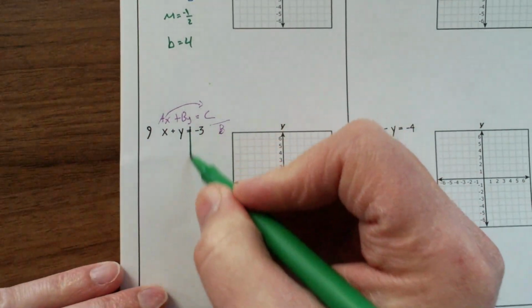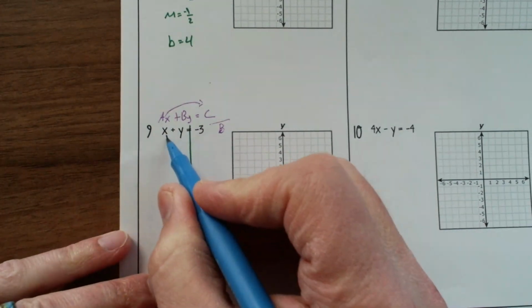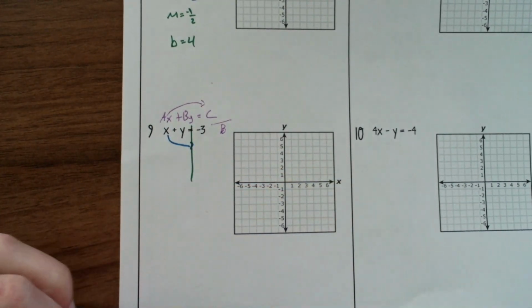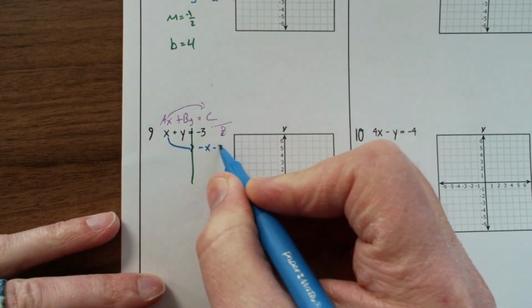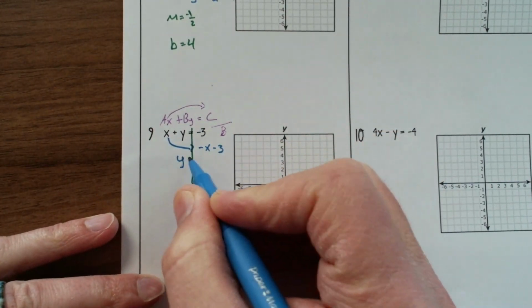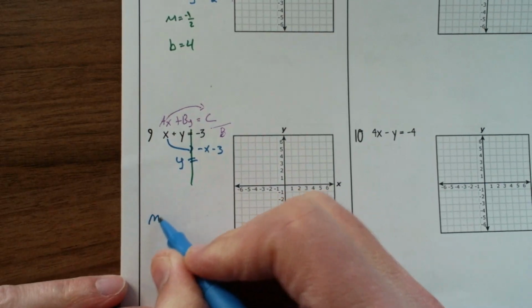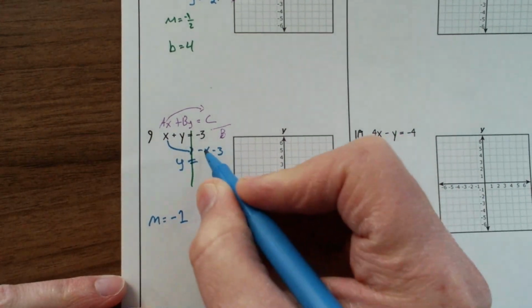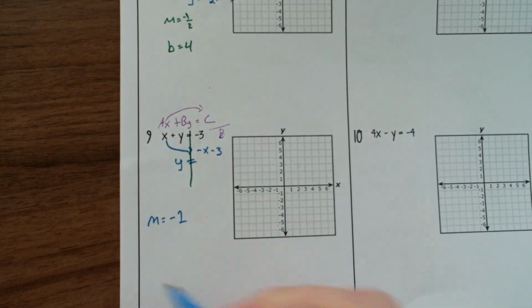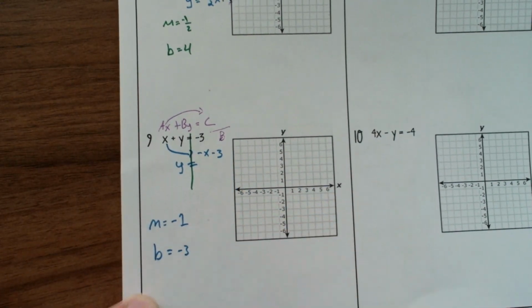My first step is to move the x over. This becomes y equals negative x minus 3. My slope is negative 1 because there is nothing written in front of the x, and my y-intercept is negative 3.